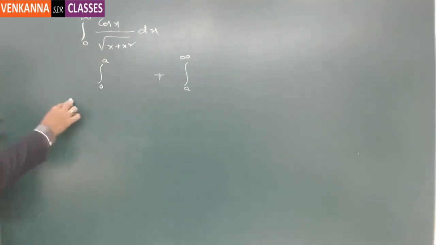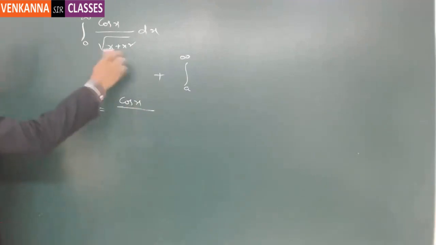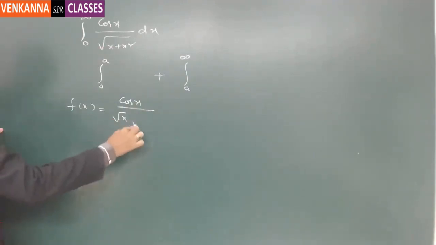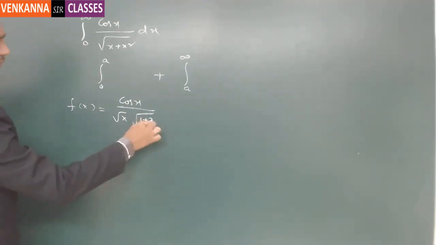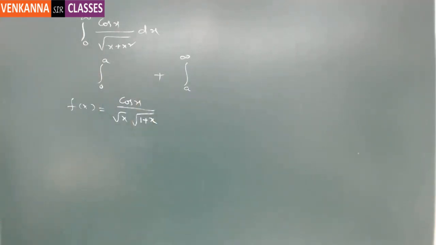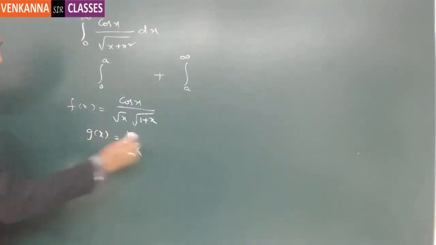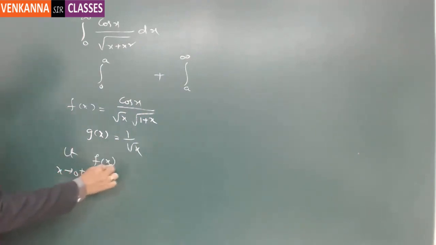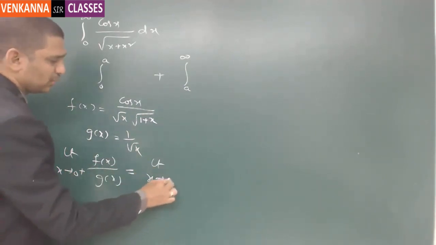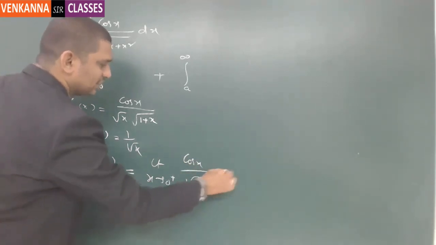Now, f of x is given as cos x by, if you take x as common, root x into root of 1 plus x. Now you take g of x equal to 1 by root x. You consider the limit as x tends to 0 plus of f of x by g of x. This equals the limit as x tends to 0 plus of cos x by root of 1 plus x, and its value is nothing but 1.